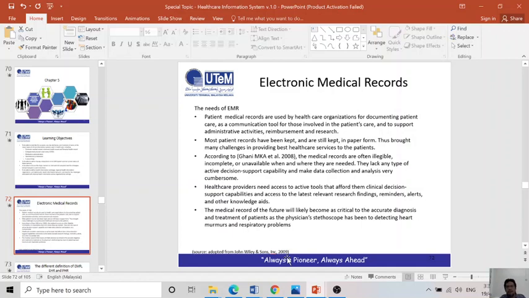The electronic medical record is collected from consultation, testing, and so on, and becomes a reference, a tool for the doctor to diagnose the patient's problem. So what I want to say here is electronic medical record is very important in the healthcare information system.